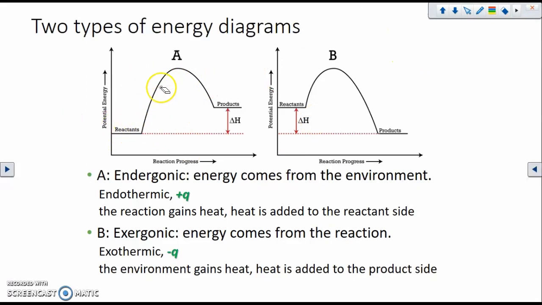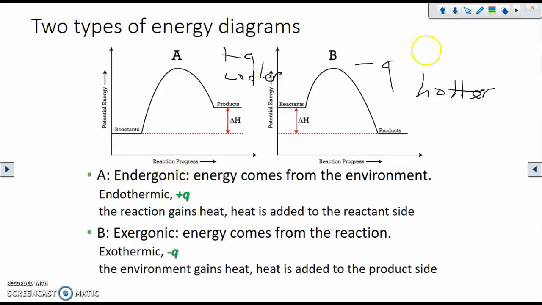If the reaction becomes colder or you gain heat from the environment, you actually have an upward diagram. So just to give you a clue, you're going to have a positive Q. For our purposes, I'm going to generalize, and here you're going to have a negative Q. All right, getting cooler, the reaction is getting cooler. So if you touch the container of this reaction, it's getting cooler, and here it's getting hotter or warmer. Okay, so that's the main key. So we're going to be talking about heat more in terms of this class.